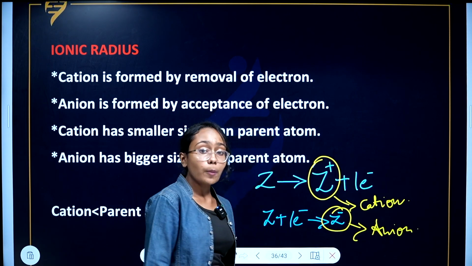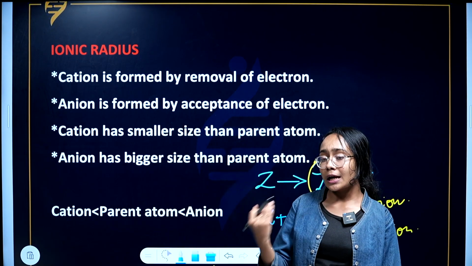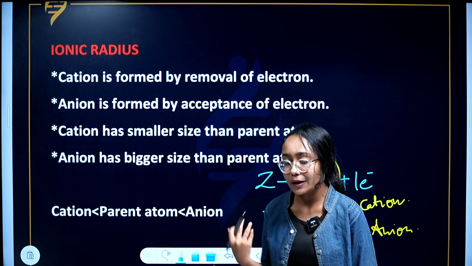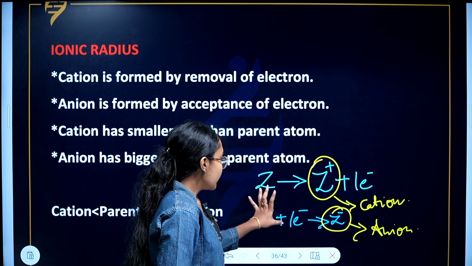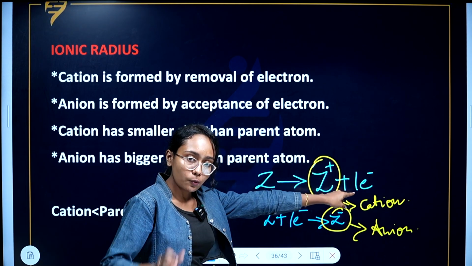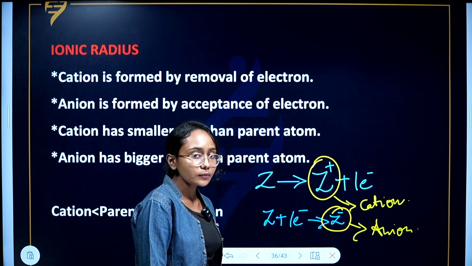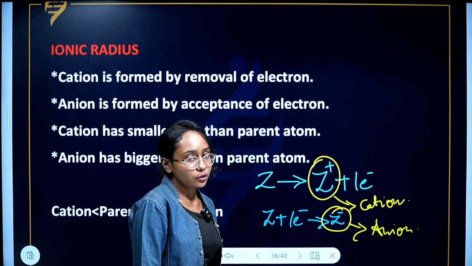So cations have positive charge and anions have negative charge because cations are species formed by removal of electron from the parent atom. This is a parent atom in the first case, Z. When donating an electron, it becomes Z plus. So positive charge for cation.